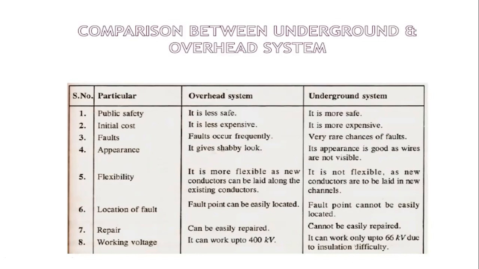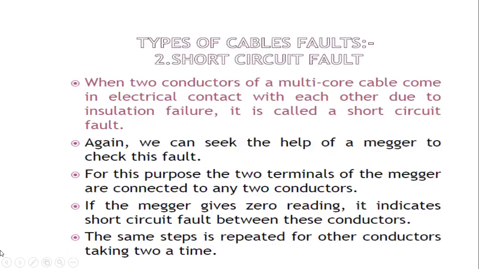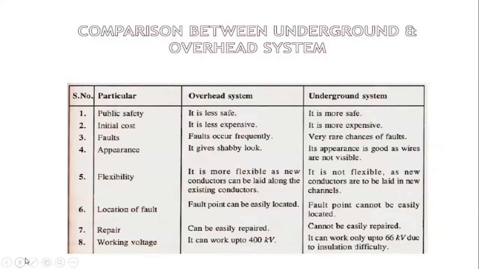The overhead system is more flexible, as a new conductor can be lowered, and the fault points cannot be the same. And repair: it can be easily repaired in both cases. Next, working voltages. The overhead system can work up to 400 kilovolts, and the underground system up to 66 kilovolts.